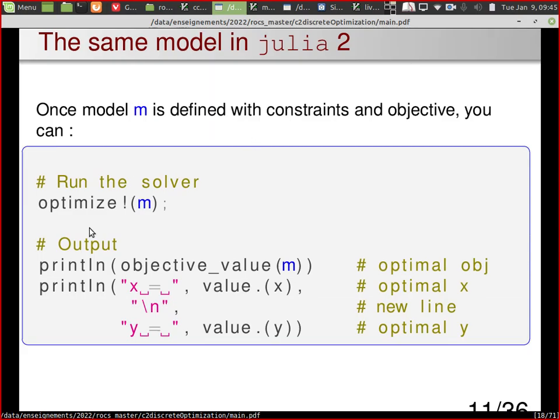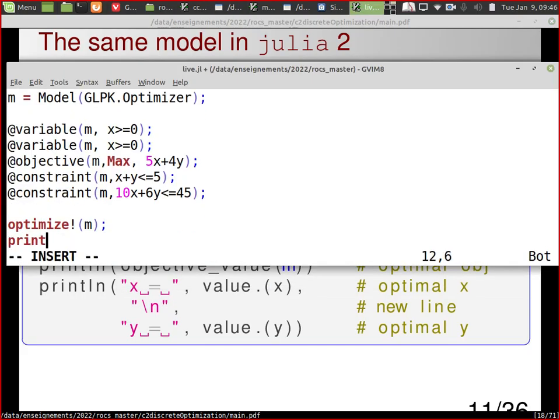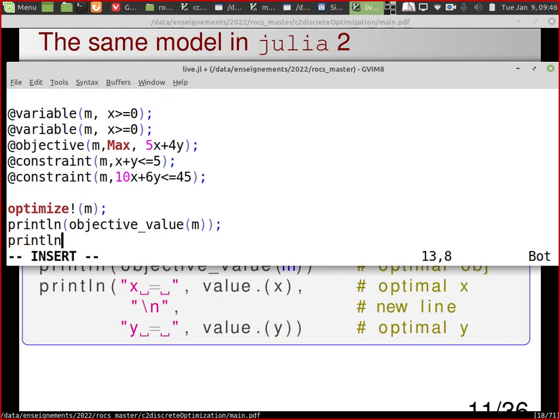And then I can print the objective value, println objective value of M. And if you want, println something like, I will change x and y, and I will write value.x, value.y.